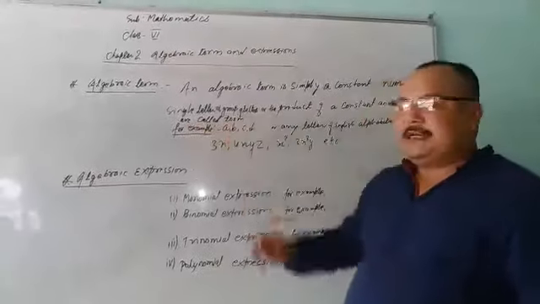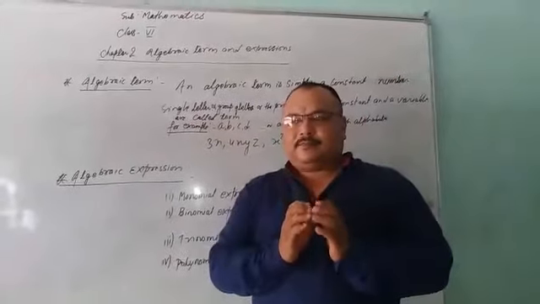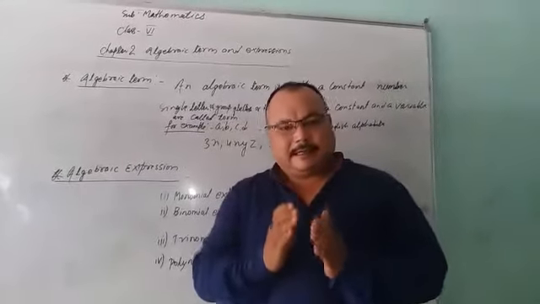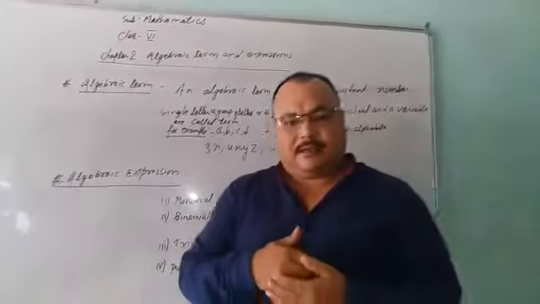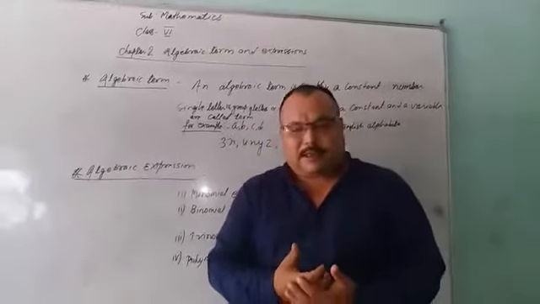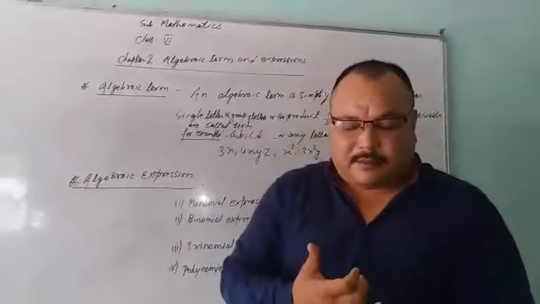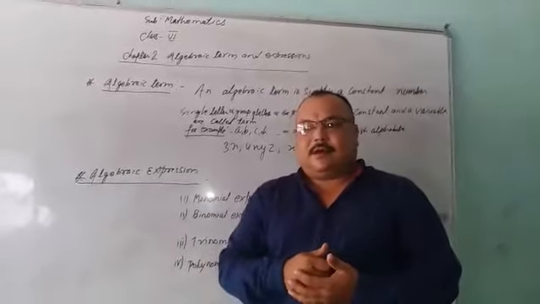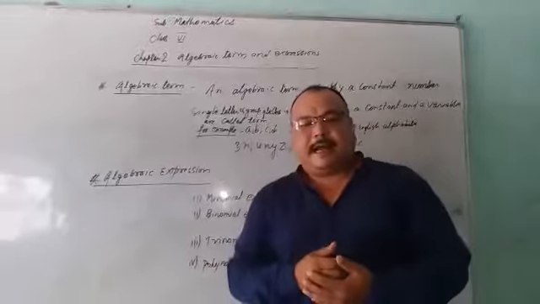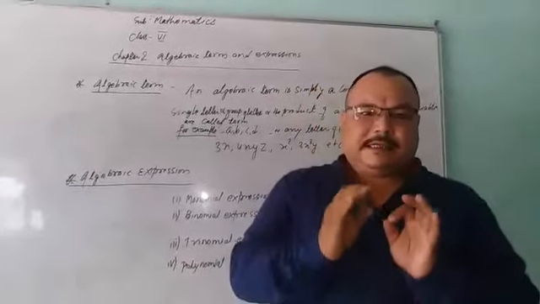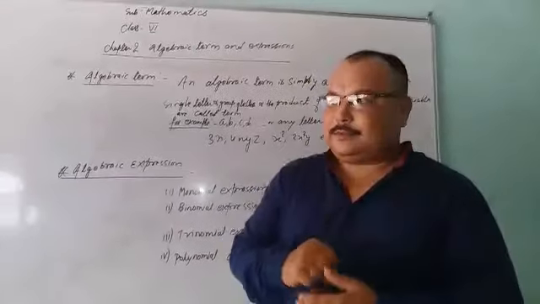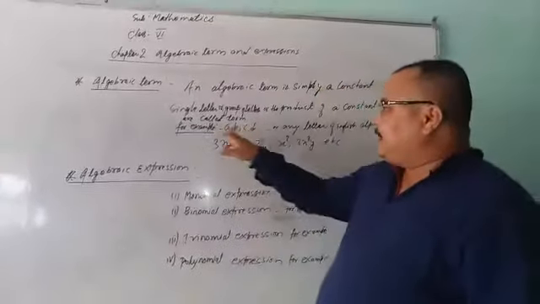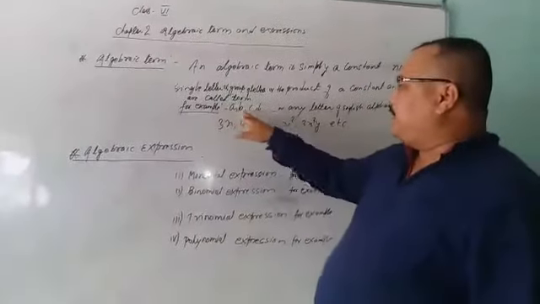It is a single term. Letters, numbers and groups of numbers and variables are called terms. So it means that a term means a single value. For example, as given here, ABCD.